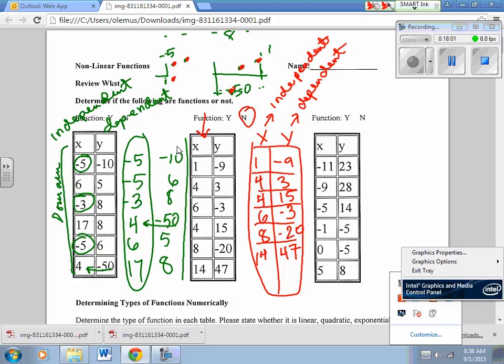All right. Is the last table on the top, is it in order? I think it is, isn't it? Yeah. Negative 11 is a bigger negative number than negative 9.